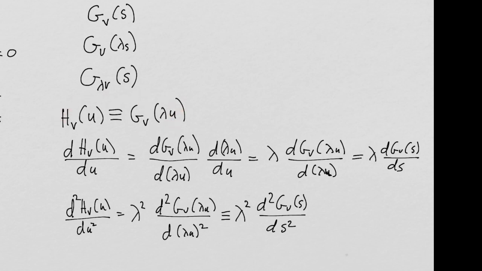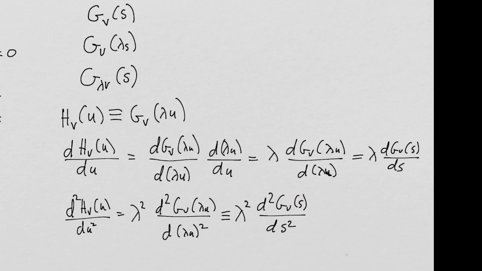And what we notice is that if we take the derivative with respect to u of h, we execute the chain rule on g here, and we end up with the tangent vector for the curve h being just lambda times the tangent vector for the curve g. And the second derivative of h is just lambda squared times the second derivative of g.